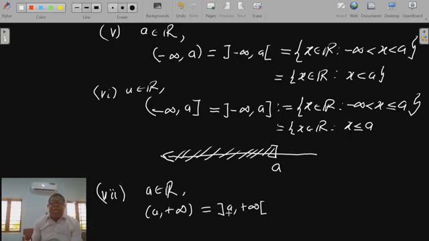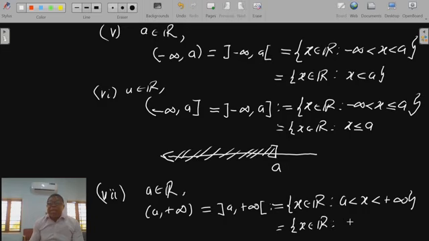Remember the explanation I gave about these notations. And this can be defined as the collection of all x in R so that A is less than x and x is less than plus infinity. And this is nothing but the set of all points x in R so that x is greater than A.